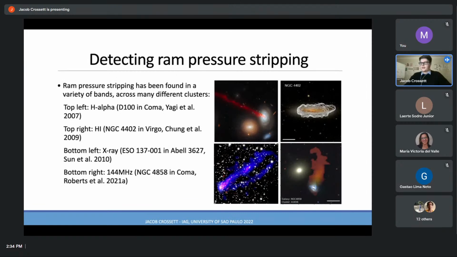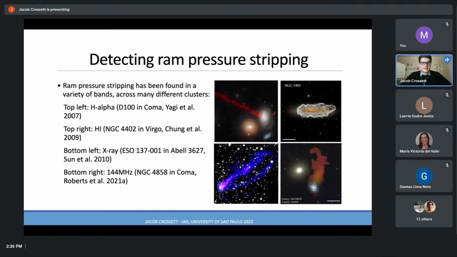Now, once the gas is stripped, we can actually see the signs of this ram pressure in a whole bunch of other bands. I've got several examples here, including the H1 we saw before. As well as that, the gas can start to condense and form new stars. These new stars can be visible in optical imaging, and can ionize the gas around them, causing an emission in H-alpha.